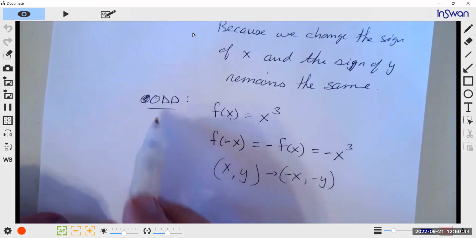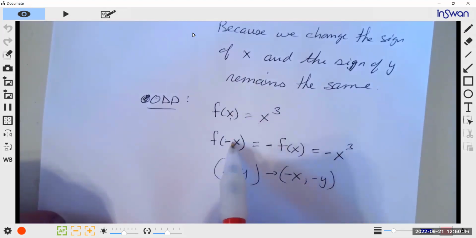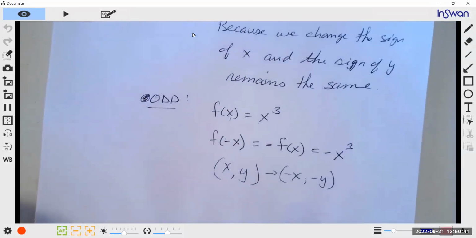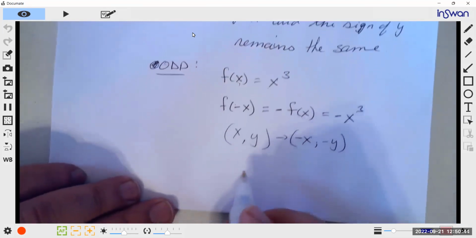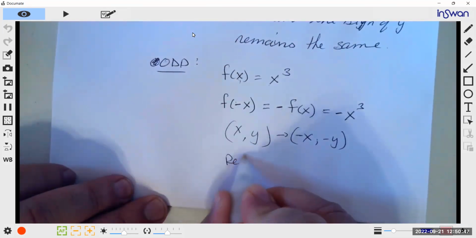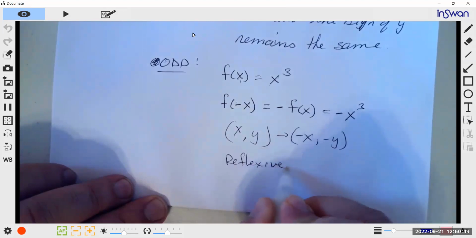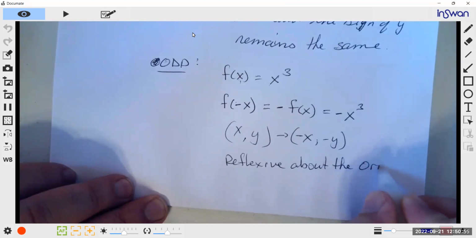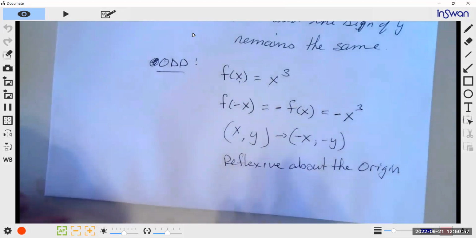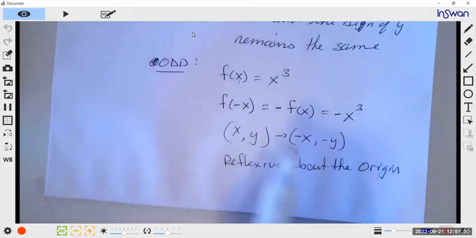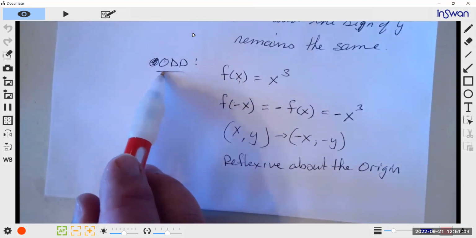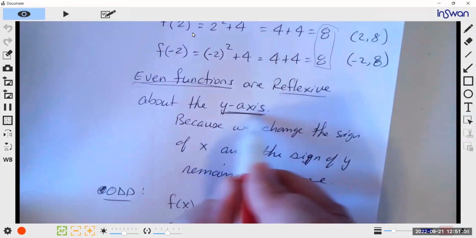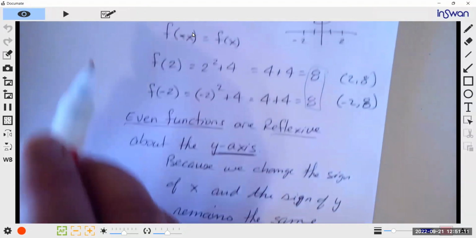So an odd function, when x changes from positive to negative, changes the answer from positive to negative, or just changes the sign of the answer. This is reflexive about the origin. So if a function is reflexive about the origin, then we know it's an odd function. If it's reflexive about the y-axis, then we know it's an even function.